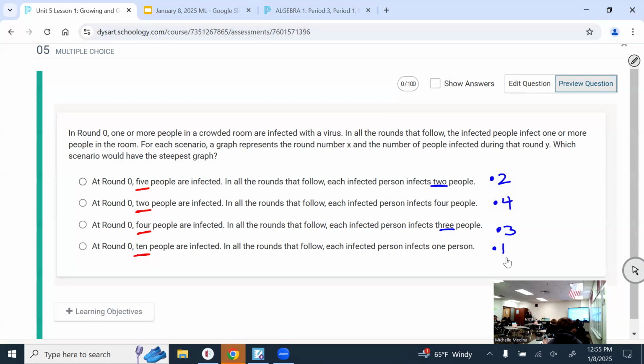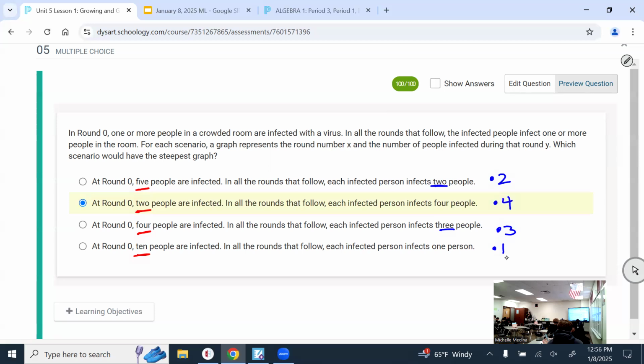So I think the answer is going to be this one. Let's see. And it's right. Because if you're multiplying by a higher number, it's going to grow at a faster rate, so it has a steeper graph. Steepness has to do with how much it's changing by. So pick the one with a higher factor.